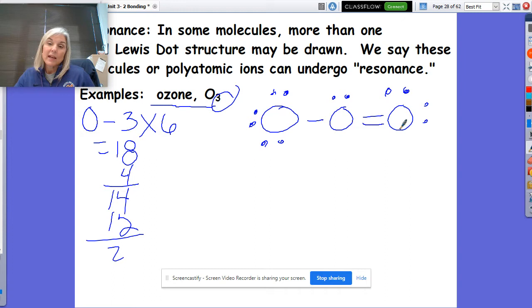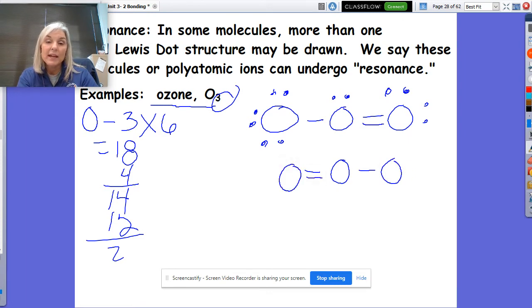But here's the thing. I did it for the right side, so could I have not taken 2 of these instead and made a double bond on this side? Well, yes. So we have to draw it twice to represent both drawings, and that's a resonance. Now I'm going to draw it again, but this time I'm going to put the double bond on the left side.